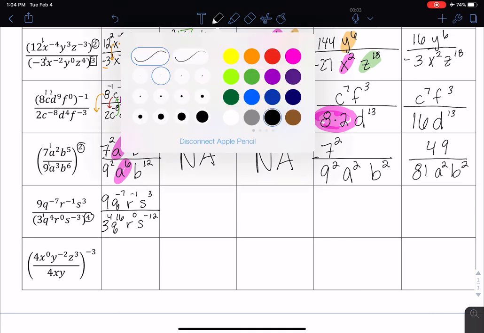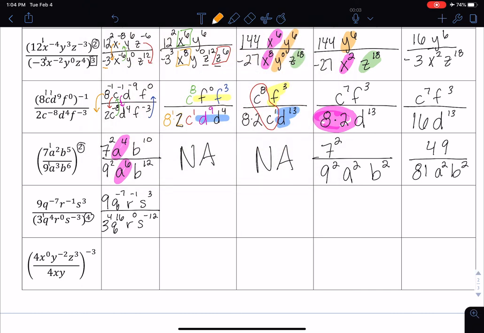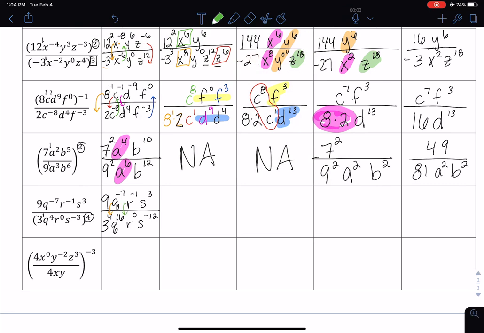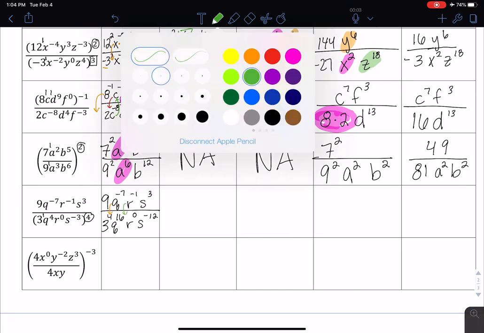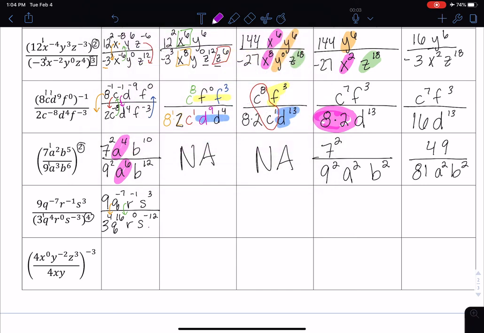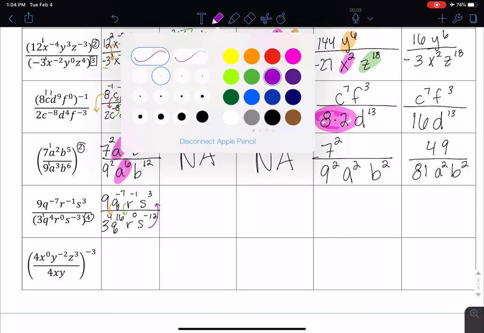Next, we're going to make sure that all of our exponents are positive, so we're going to move them around if they're not. This q to the negative 7 is going to go down to be positive. This r to the negative 1 is going to move down to become positive, and the rest on top is okay. On the bottom, only the s to the negative 12 is going to come up to become positive.